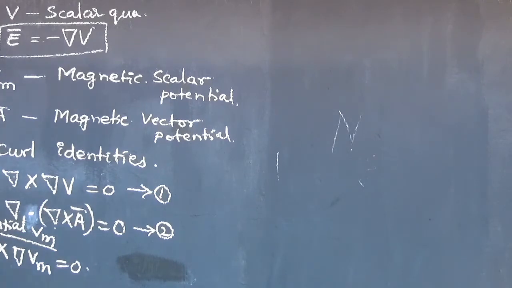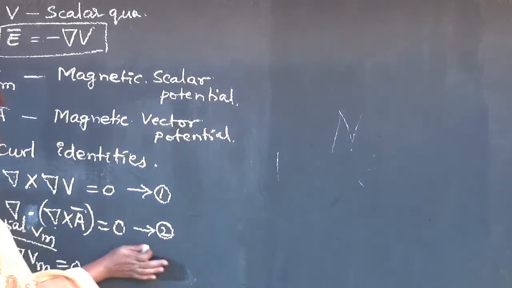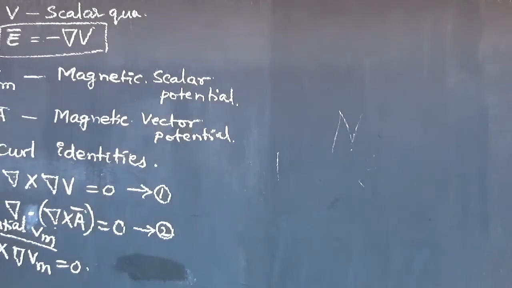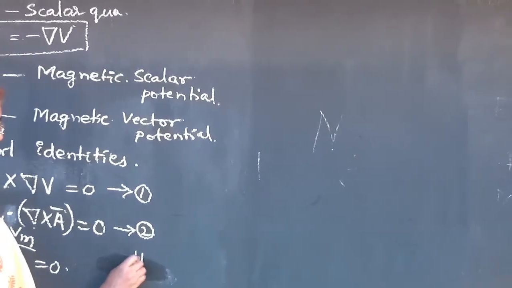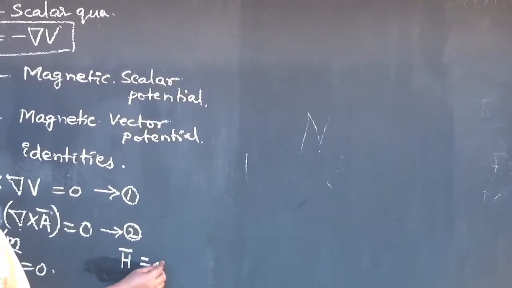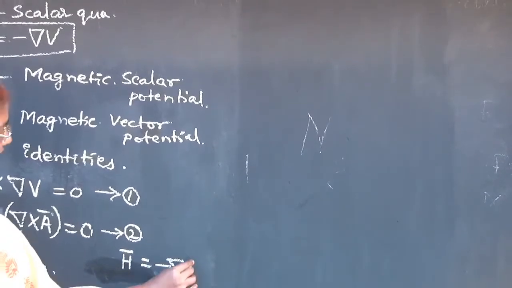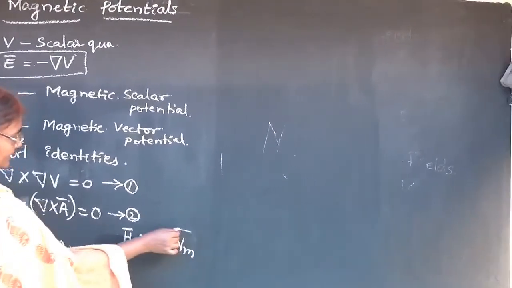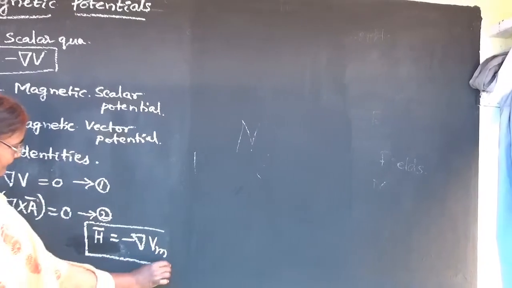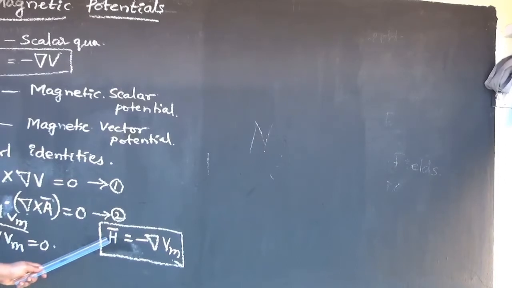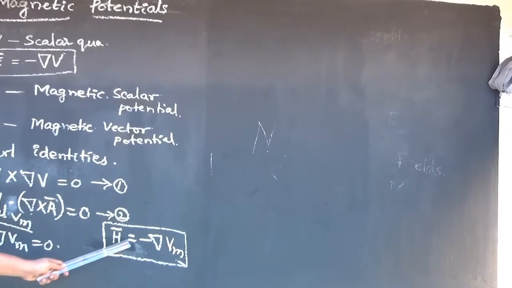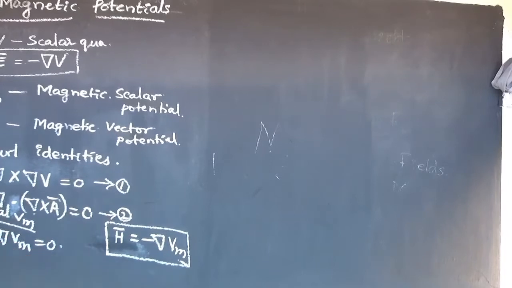Analogous to the electrostatic equation, electric field intensity E bar is equal to minus del V, we can write the magnetostatics formula: magnetic field intensity H bar is equal to minus del Vm.